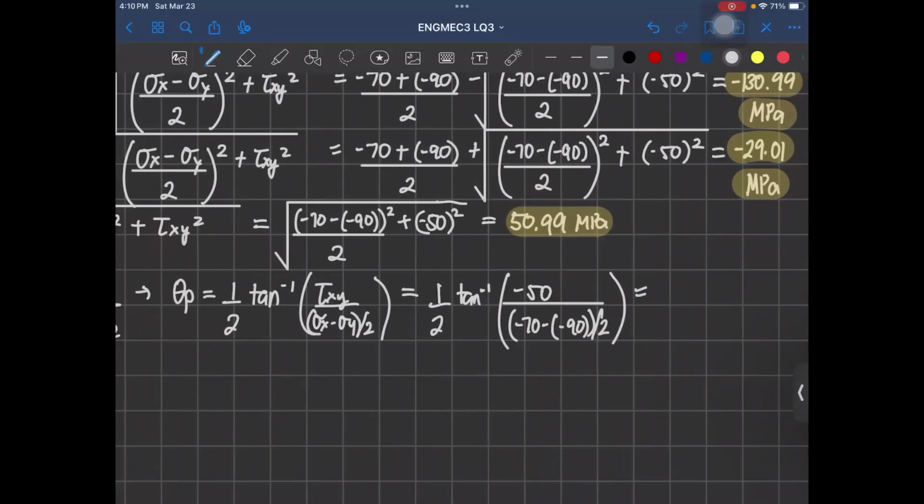This means that it is 39.35 degrees counterclockwise from either the x or y plane.